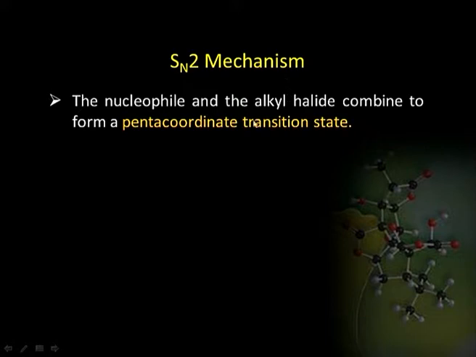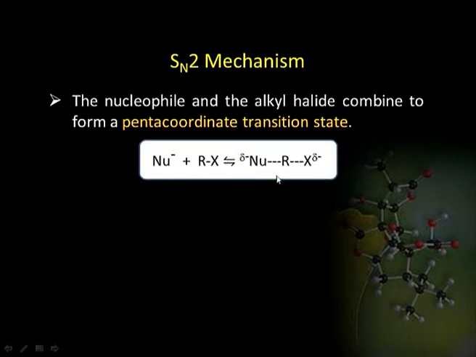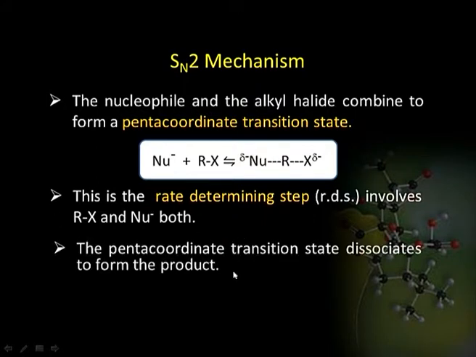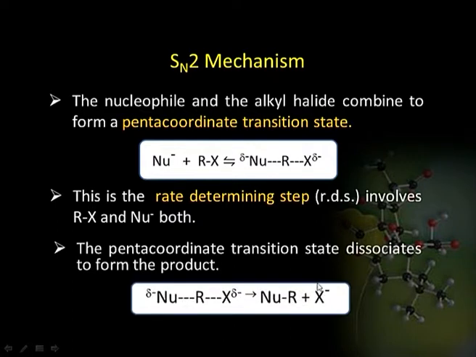The nucleophile and the alkyl halide combine to form a pentacoordinate transition state, as you can see in this particular reaction, and this happens to be the rate determining step which involves both the alkyl halide and the nucleophile. The pentacoordinate transition state dissociates to form the product in the next stage, that is the substituted alkyl product we get.